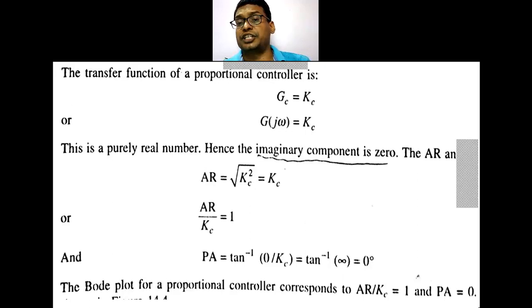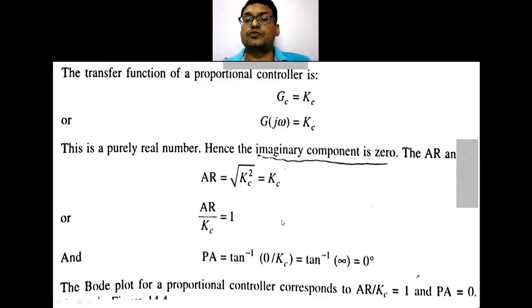So the imaginary part is 0, and that is why the amplitude ratio is equal to the under root of KC square, which is nothing but KC. So amplitude ratio upon KC is equal to 1, and in case of the phase angle, theta is equal to tan inverse of imaginary part upon real part, which is tan inverse of 0 upon KC, which is nothing but 0.